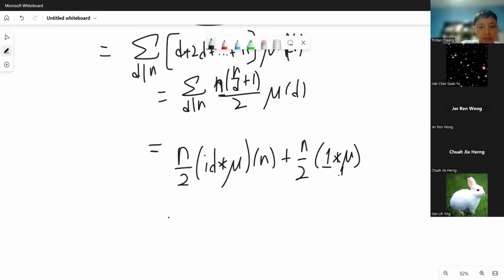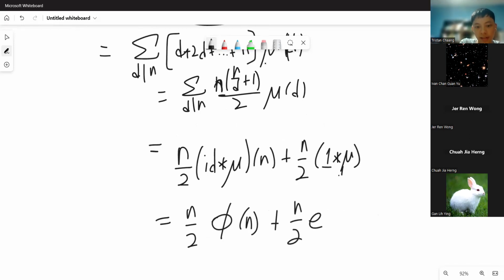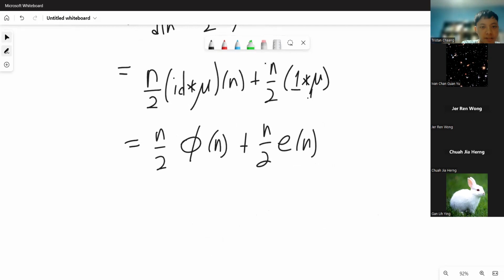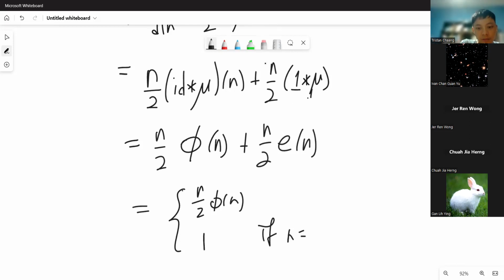So you know that this is n over 2 phi n plus n over 2 e n. So it's either n over 2 phi n, or when n equals 1, that would be 1 over 2 plus 1, so 1. So if n is 1, if n is larger than 1.